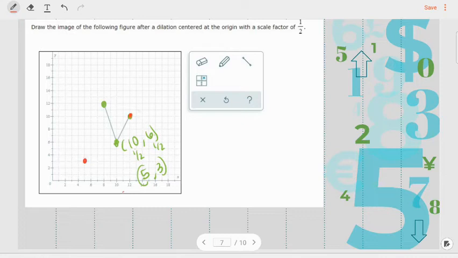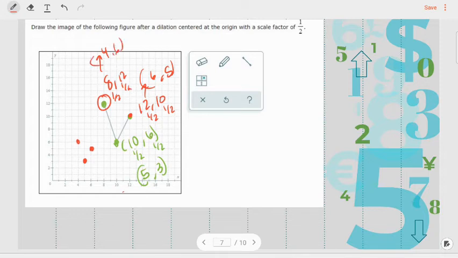This point right here was at (12, 10), half and half of that, so that's going to turn into (6, 5). For this last point at (8, 12), half of 8 is 4, and half of 12 is 6. So my last point's at (4, 6). So there's my new shrunk shape.